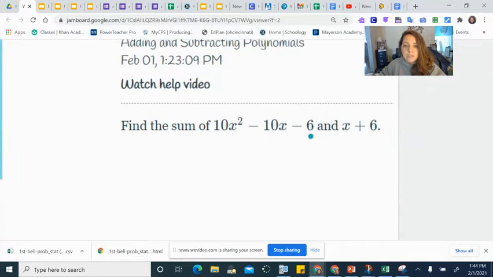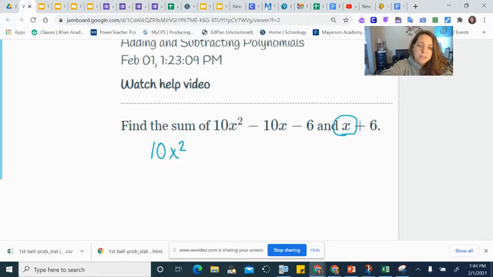So first thing, example, we're going to line these up so they're like terms. So it says 10x squared minus 10x minus 6, and then I've got x plus 6. Okay, well, what other one is a like term with x? It has the exact same letter and exponent on the letter.